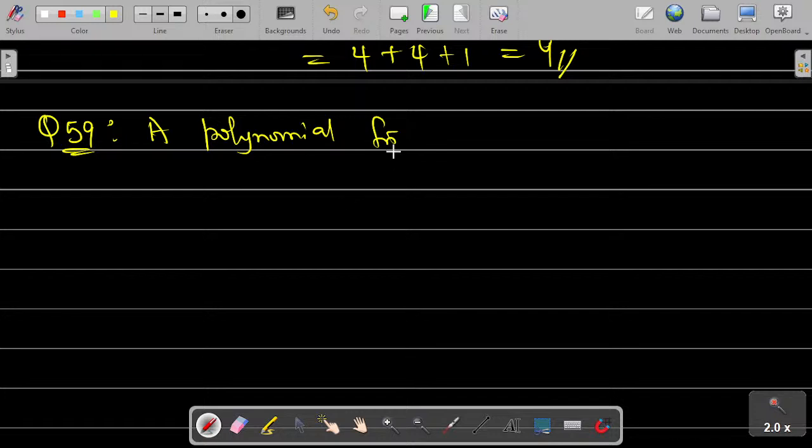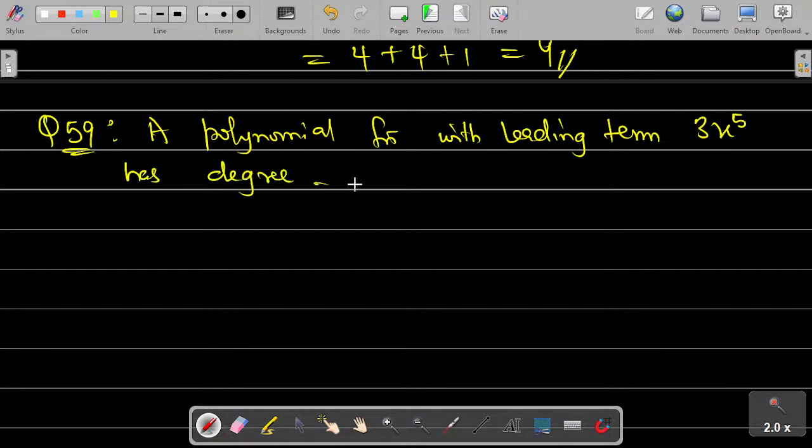A polynomial function with leading term. The leading term is 3x raised to the power of 5 has degree dash. That's what they said. What would be the degree of a polynomial function with a leading term?